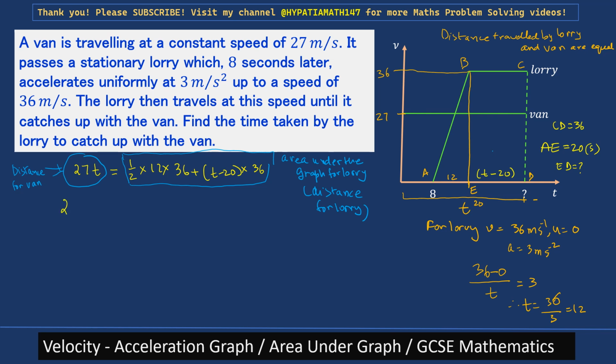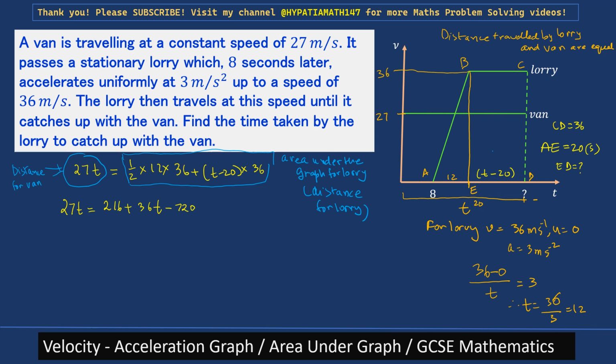So 27t equals half of 12 is 6, and 6 times 36 is 216, plus 36t minus 36 times 20, that's 720.